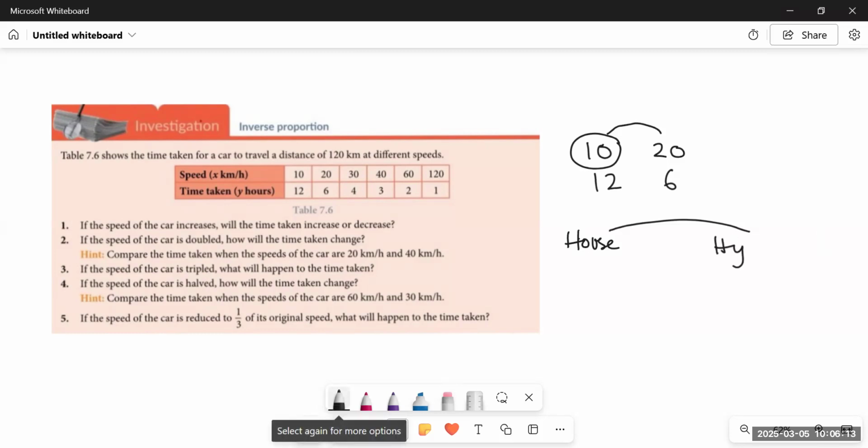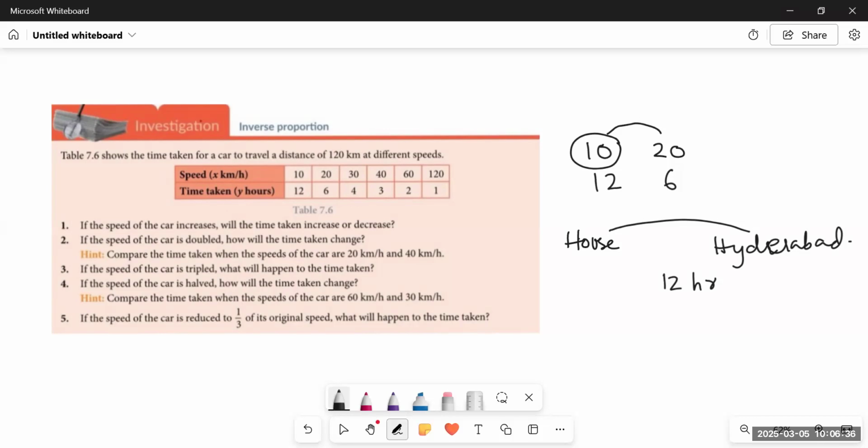The distance between two cities. So it tells us that if I'm going at a speed of 10 kilometers per hour, I will reach Hyderabad in 12 hours. That is, it will take 12 hours for me to reach there if I'm going at a speed of 10 kilometers per hour.